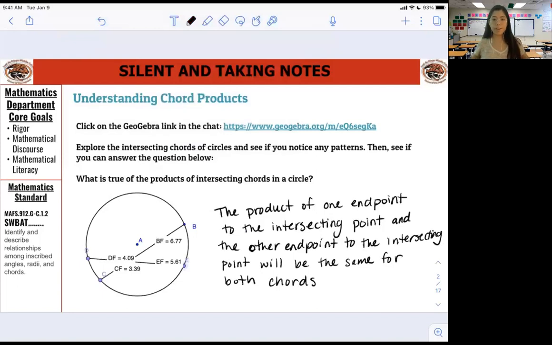So you can go ahead and write that down. The product of one endpoint to the intersecting point and the other endpoint to the intersecting point will be the same for both chords. That is the chord-chord product theorem. I'll write that down as well.